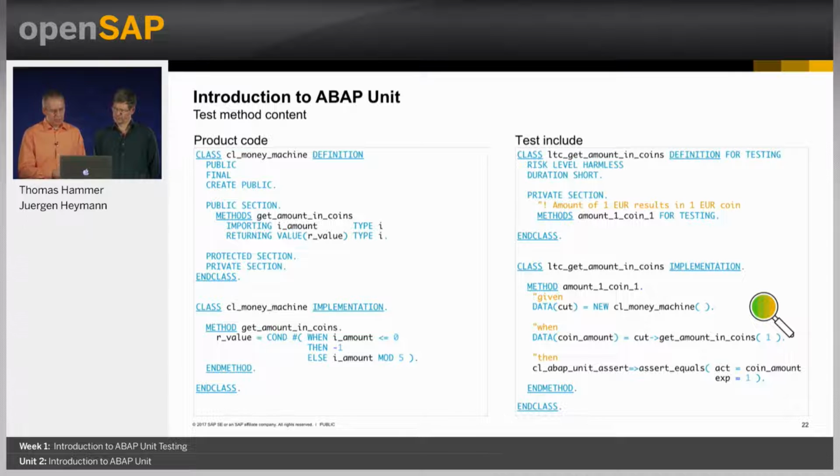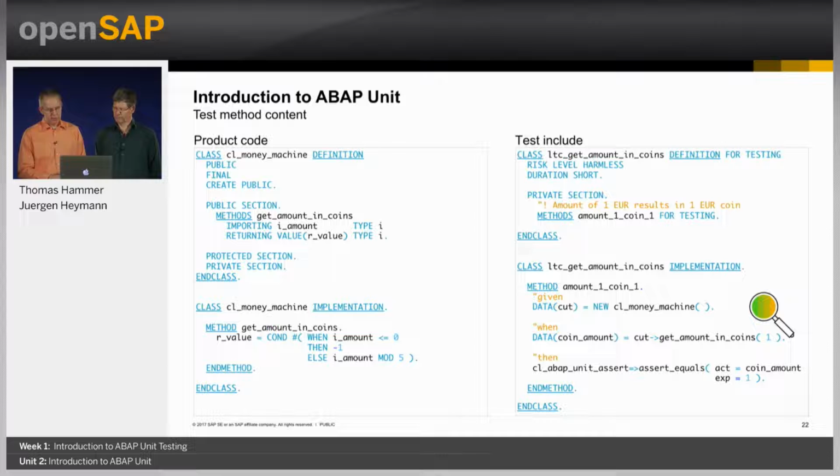Okay, then in the when part, we call our service, and in this case, it's get amount in coins. We give in a 1 and expect back a 1. And we put that in the variable coin amount. And then in the then part, so that's the part where we compare stuff, we compare this coin amount variable with the value 1.